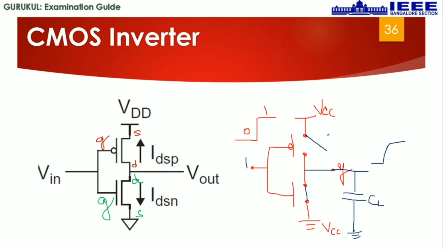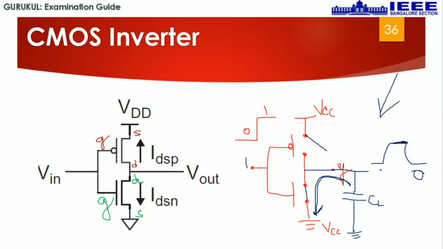Because this is on, the capacitor path is connected to ground. Whatever charge you have given will slowly discharge to 0. Hence, you will be getting an output of 0.